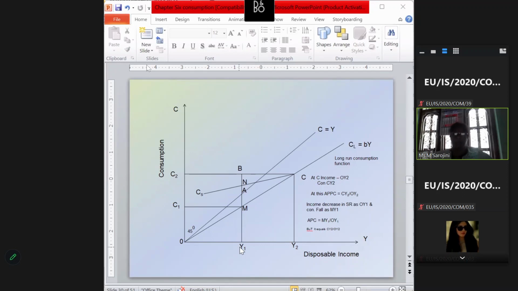The point where we first consider is the point C. At that point C, the consumption is equal to OC2 and income is equal to OY2. At this point C, the APC is equal to OC2 divided by OY2, right?